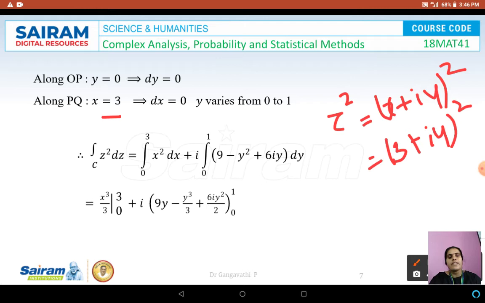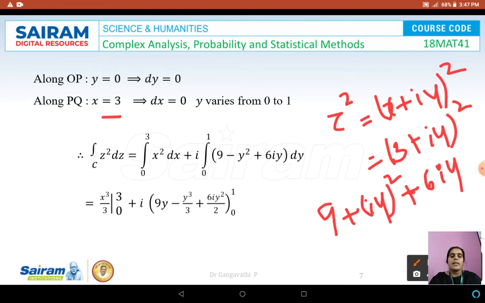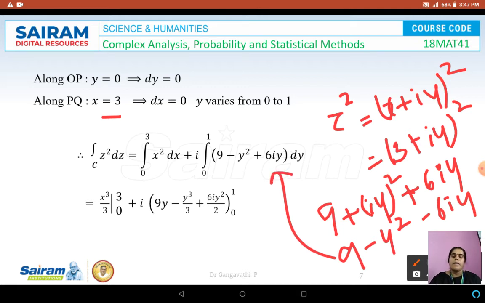We can expand this by using a plus b whole square. A square is 9, plus b square is iy whole square, plus 2 times 3 into iy, which is going to be 6iy. And this i square gives us minus 1. So we get 9 minus y square plus 6iy. So this is what we have written here.